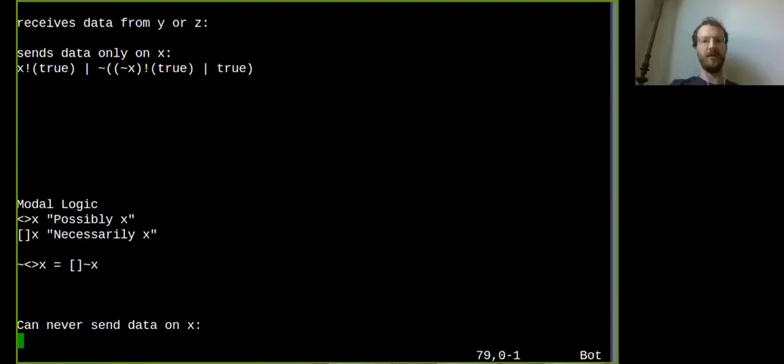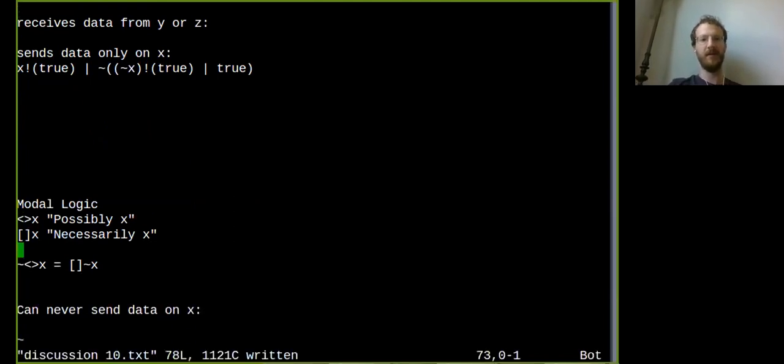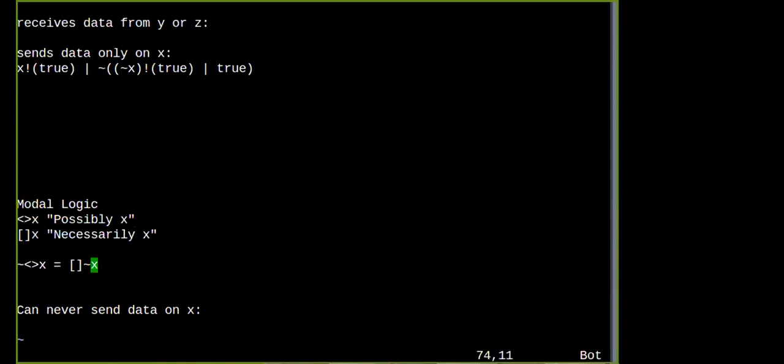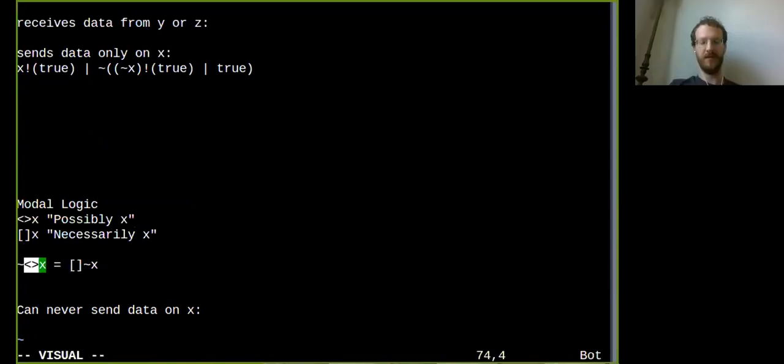Okay. So the modal logic is going to allow us to answer statements like can never send data on X. And this is going to involve our reduction rules and everything. And this will give us the new operators in our logic, possibly and necessarily X, which also follow rules similar to De Morgan's, meaning that not possibly X means necessarily not X. So how would we write can never send data on X then?